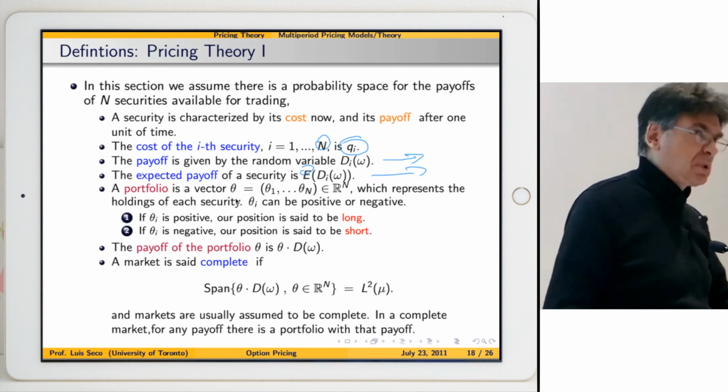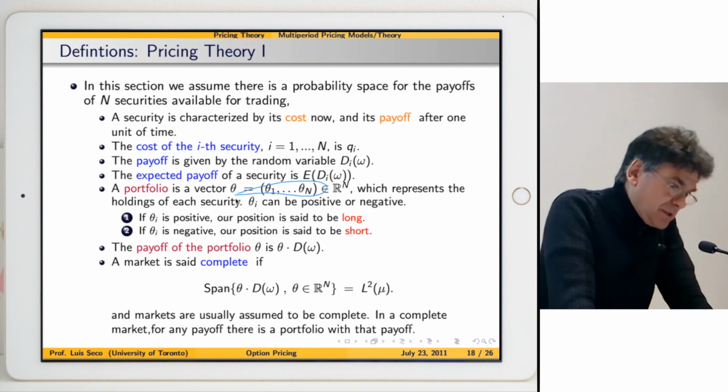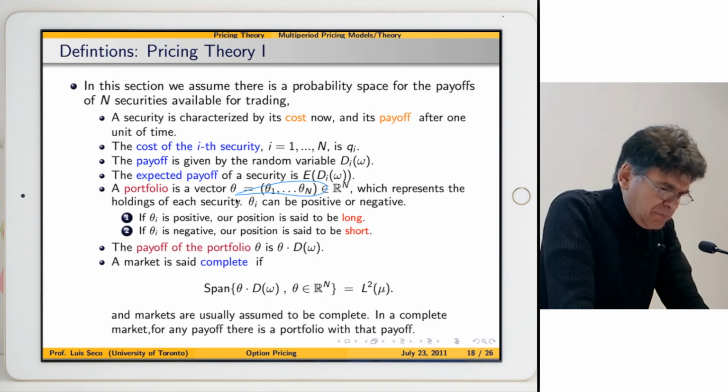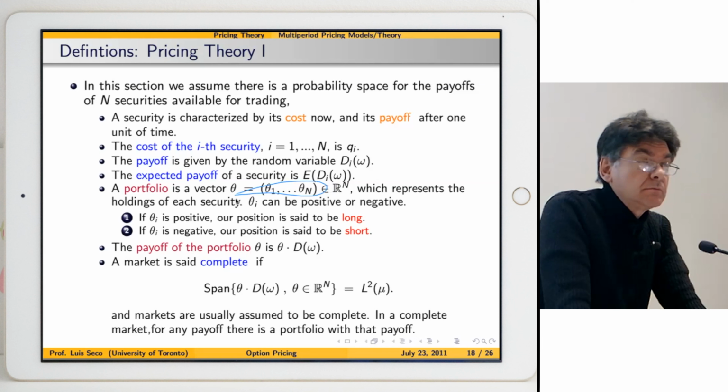The portfolio is a vector. This is not new. We already saw that, except that I'm writing this in vector notation for the first time. Okay? A portfolio is a vector, and a payoff matrix is a matrix. If the component is positive, I'm long. If it's negative, I'm short. Yeah, of course.